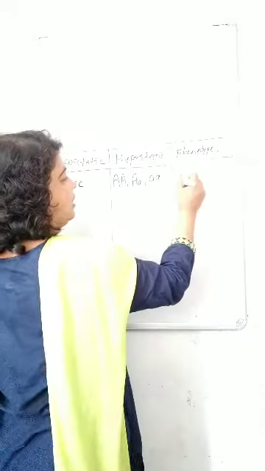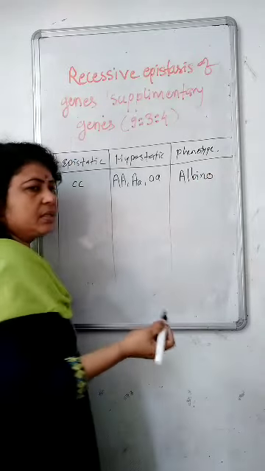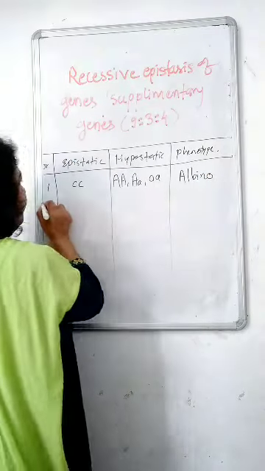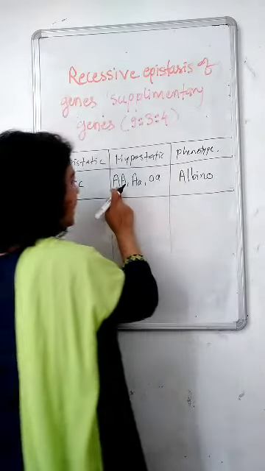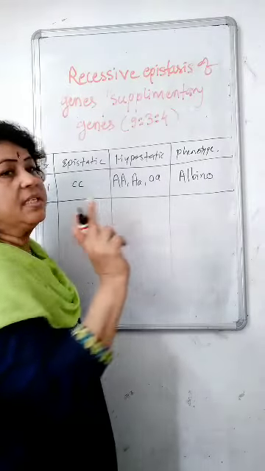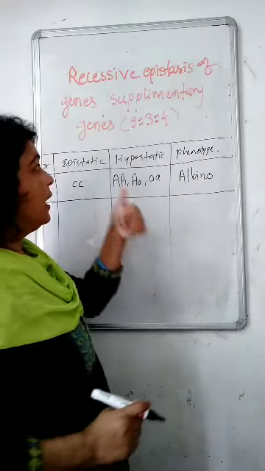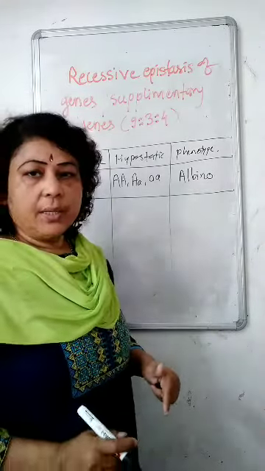In that condition, it develops albino color, that means no color. Even though A is in dominant condition, it is not able to express its character because C is in recessive condition, and therefore it is recessive epistasis.